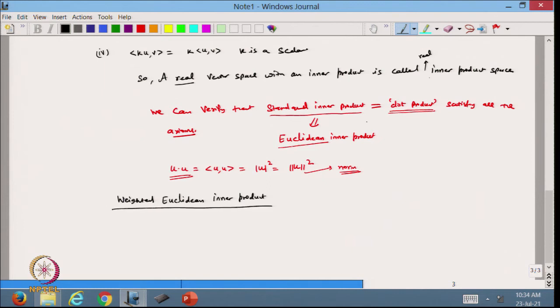The Euclidean inner product is the same as the dot product, but here we are defining the weighted inner product. Suppose the vector space is Rn, so it is a Euclidean space. Then I take u belonging to V. My u is basically x1, x2, up to xn, or maybe I will call it x.